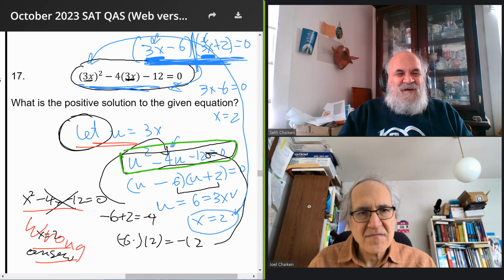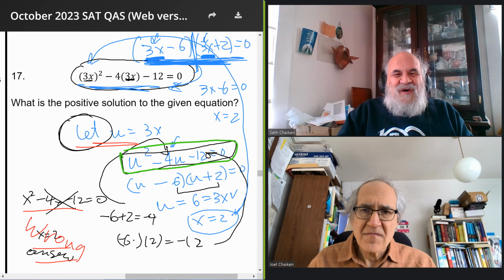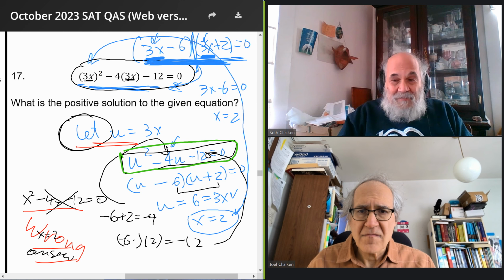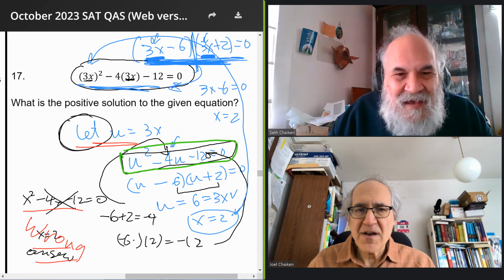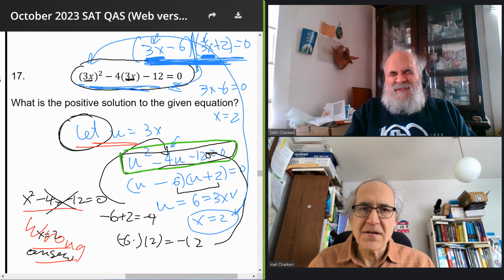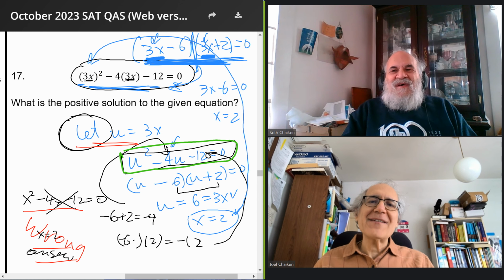The second big idea will lead you to not do the step of multiplying this out, so you get 9x squared minus 12x minus 12.